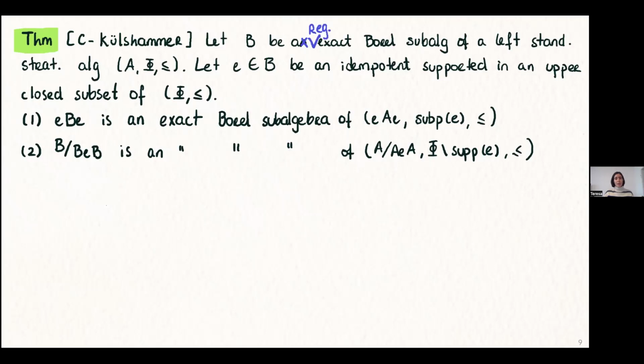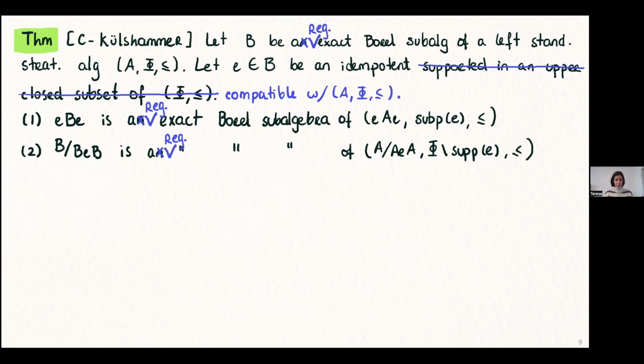And if moreover we ask for B to be regular, it turns out that the idempotent subalgebra and the idempotent quotient are moreover regular, and one can weaken the condition on the idempotent E and just ask it to be compatible with A.